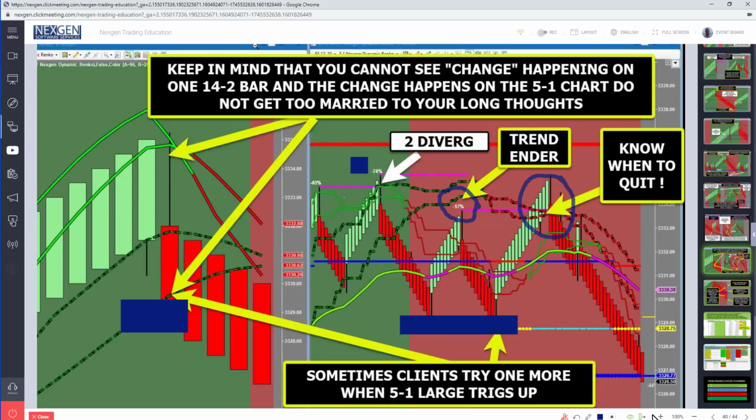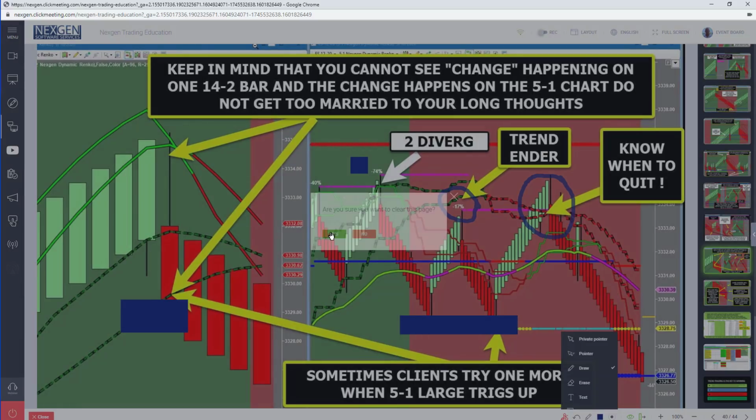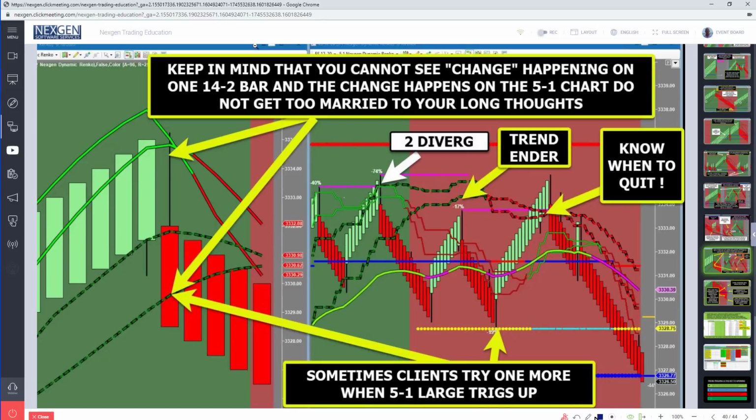Now, this would also be different if, and again, this is the dynamics of the software, think about it from a slightly different perspective. And again, just to be fair, we'll play both sides of the coin here. If there was a lot of resistance right here and resistance here, then you're probably not going to take another trade here.